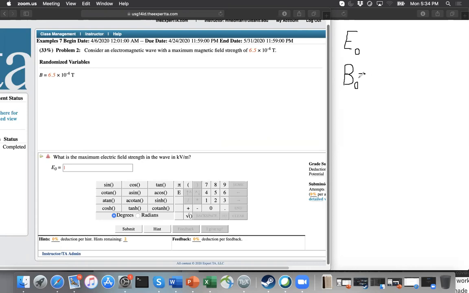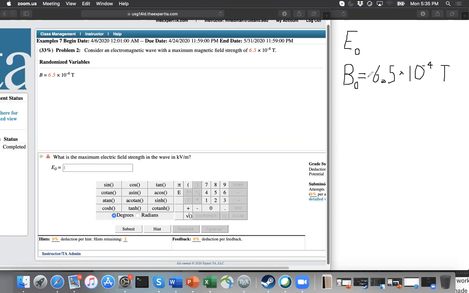And that, we are told, is equal to 6.5 times 10 to the minus 4 Tesla.